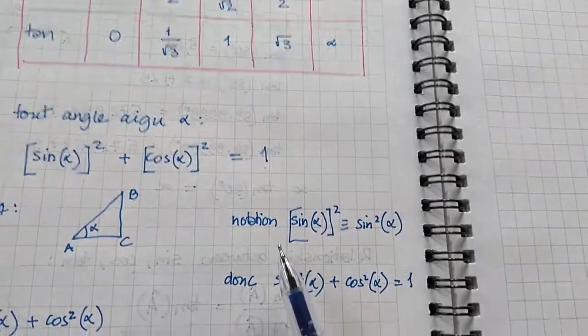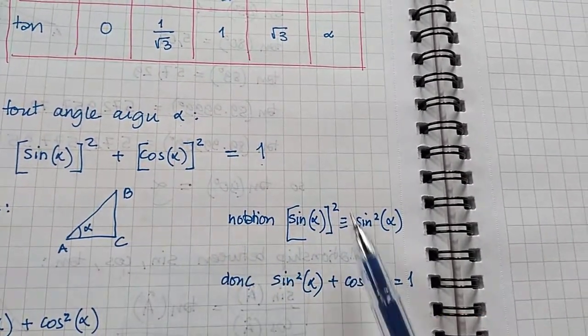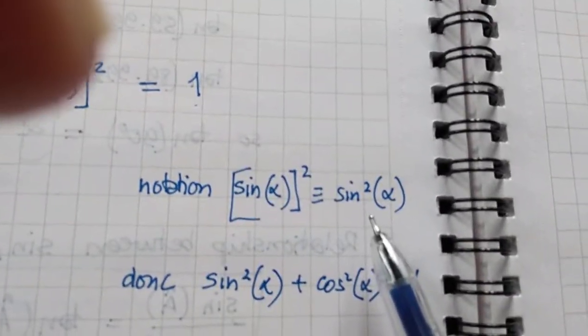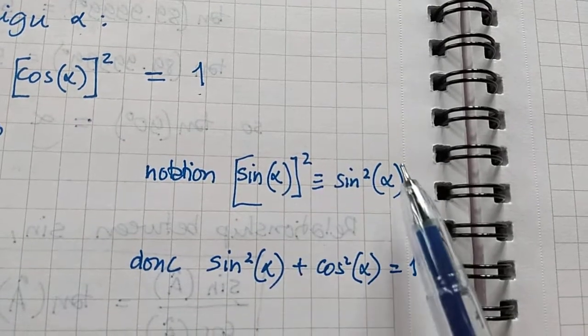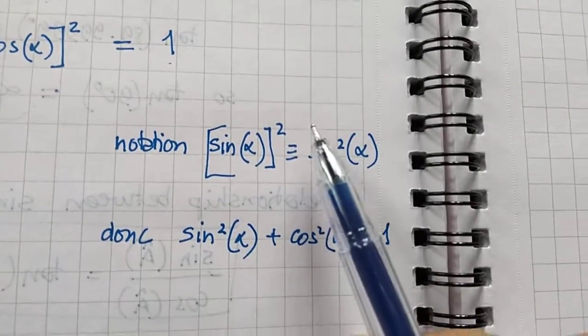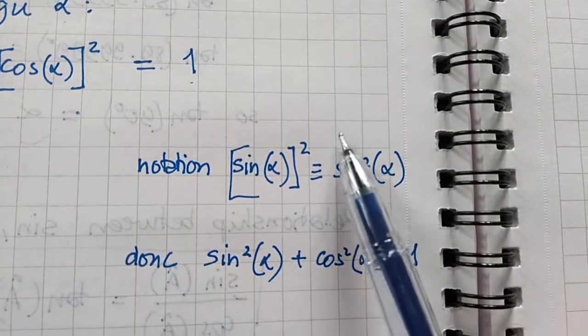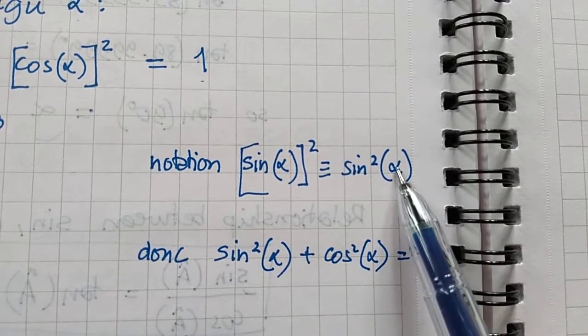Now here is a tricky bit. I have written sine alpha whole thing squared. In mathematics they write it like this. Can you see that? They put a square sign there, which is the same as this. So don't get confused with this. This is an unfortunate convention that has been adopted, but now it's too entrenched to change, because it sort of seems to imply that sine is something else, alpha is something else.